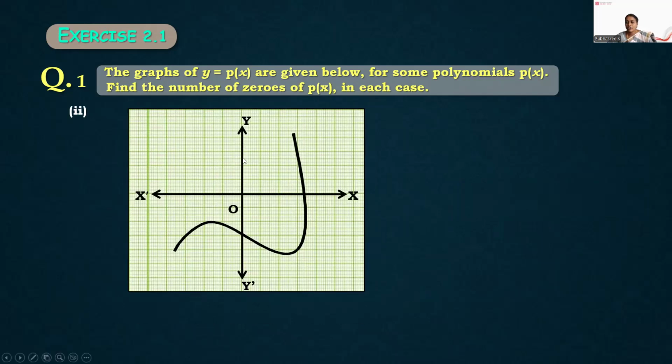You're clear? What do you understand from this diagram? Tell me. What do you understand? For example, 1 minute.